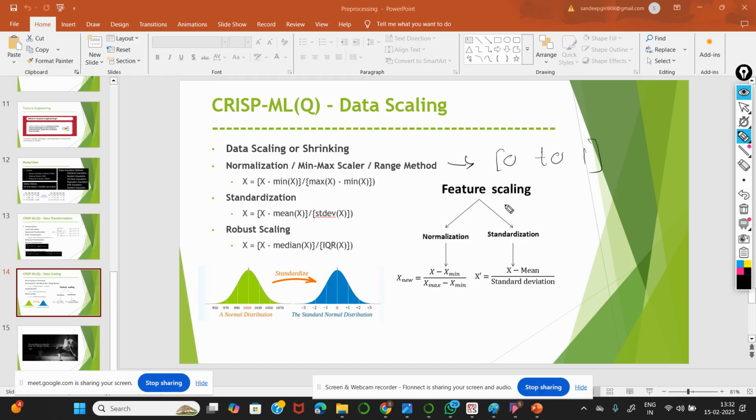If you use standardization, your mean value will be 0 and sigma value will be 1. If you use robust scaling, your median value will be 0 and IQR value will be 1. This is something that you need to remember, and these formulas are easy to remember.